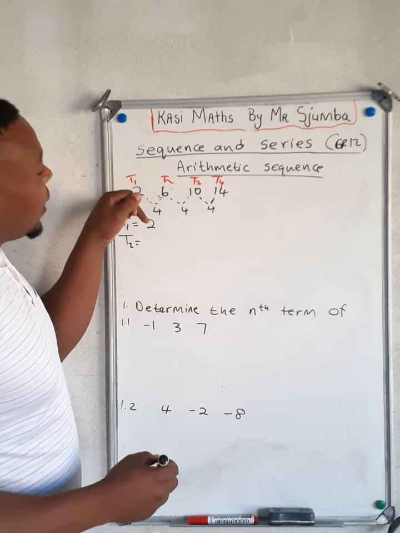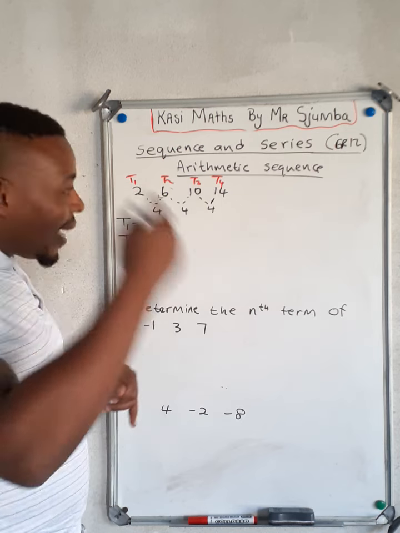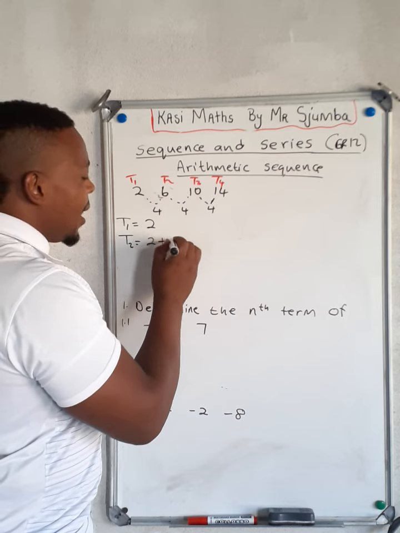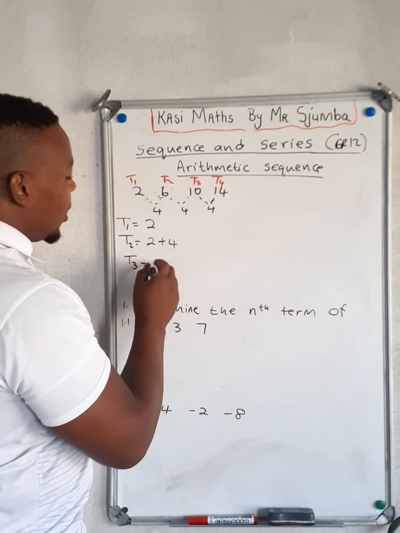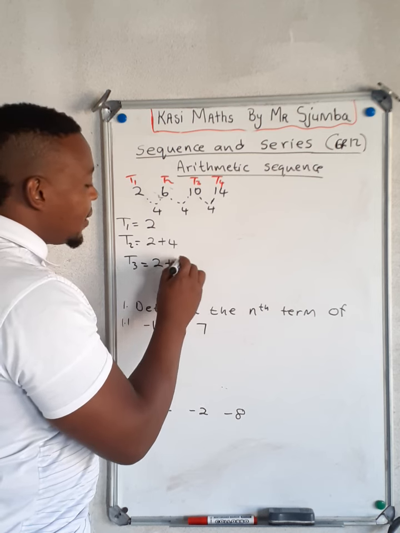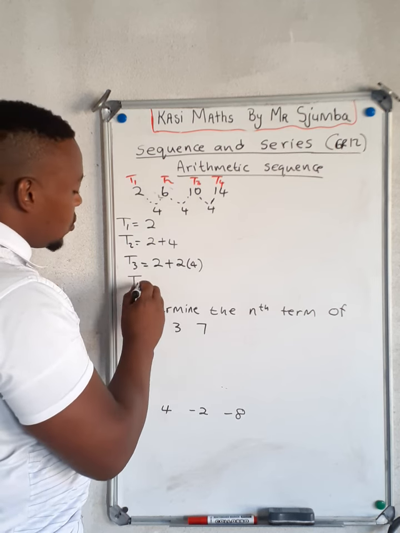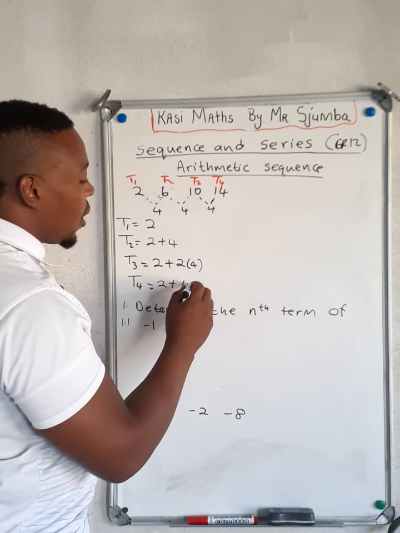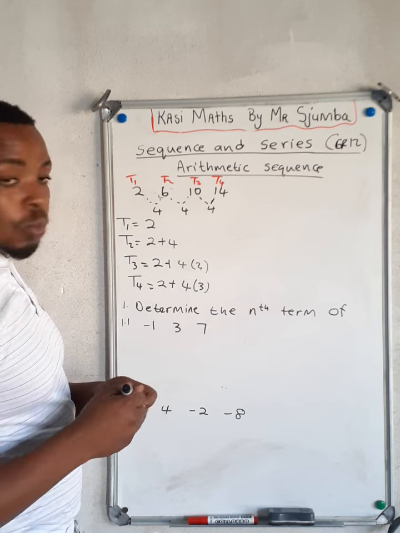Term 4 is the first term, 2, plus 4 plus 4 plus 4. So we add differences. Term 2 is the first term plus one difference of 4, which is 6. Term 3 is the first term plus 2 differences. Term 4 is 14, the first term plus 3 differences.